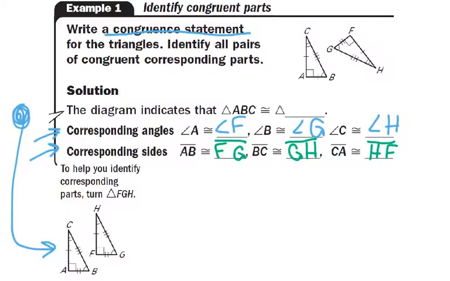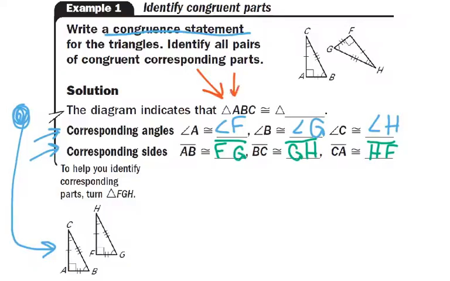Now, when we go to write our congruent statement right here, you have to line up the parts of one triangle. Here they've got triangle ABC congruent to triangle blank. So when we fill that in, we have to make sure that all the corresponding parts line up.